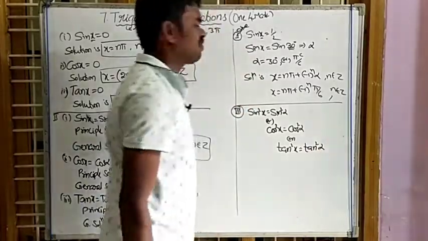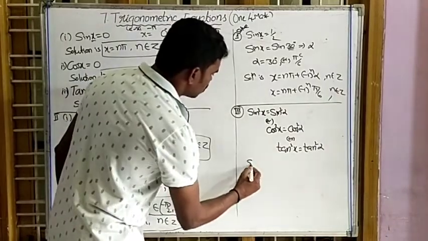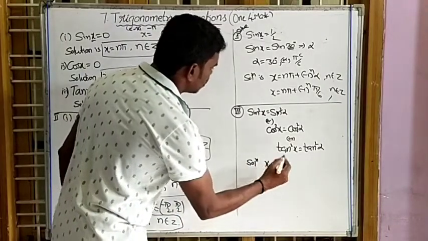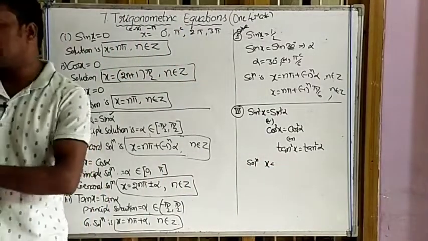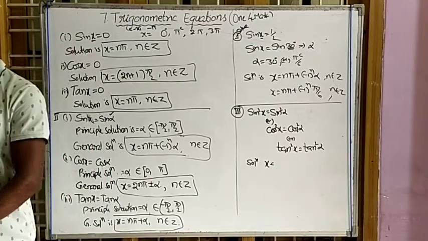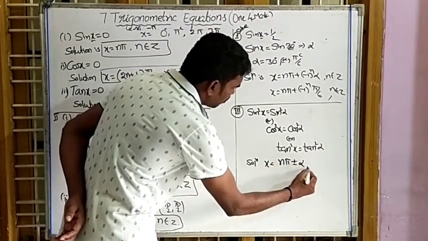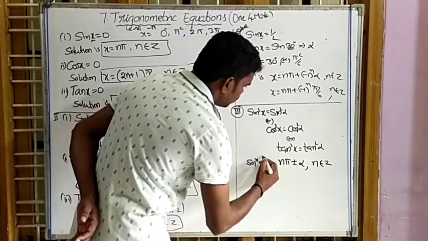For these three types of equations, there is a common solution, that is x is equal to n pi plus or minus alpha, n belongs to z.